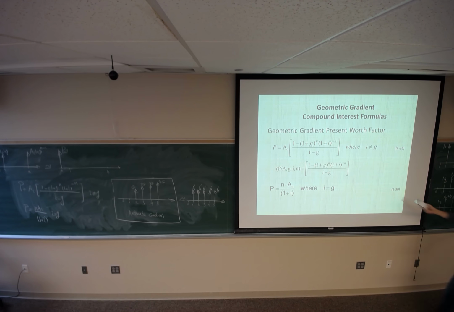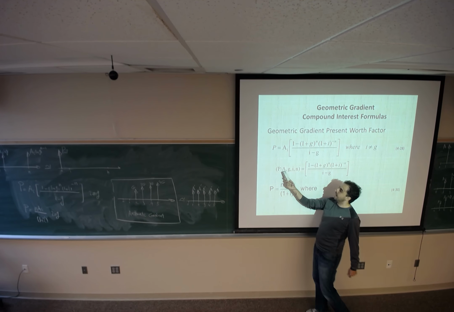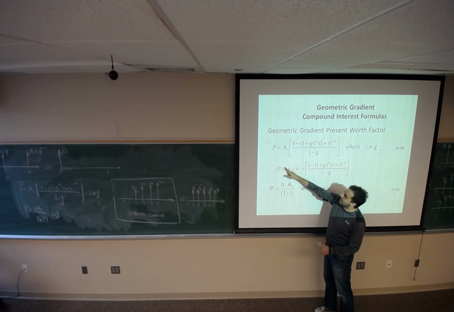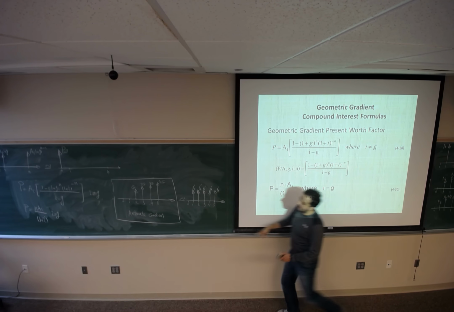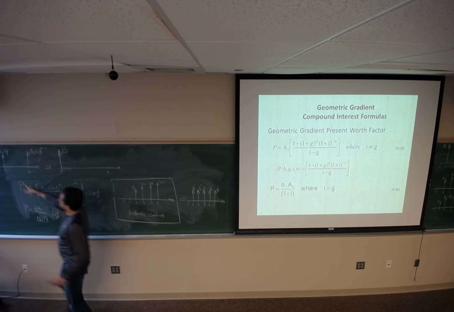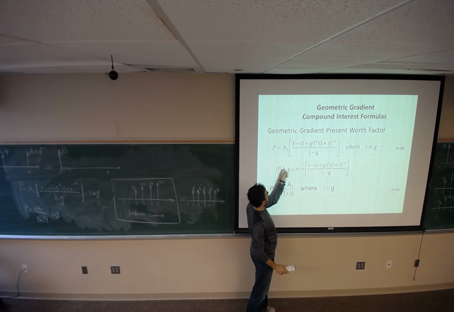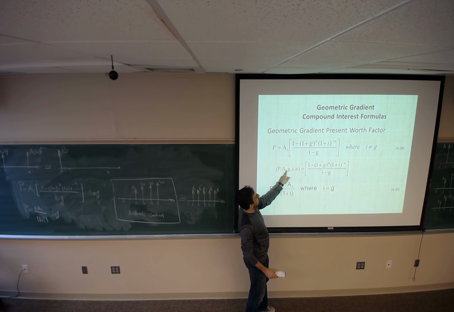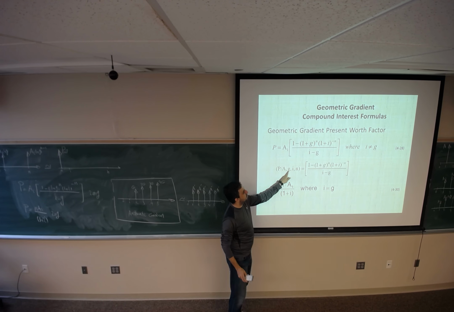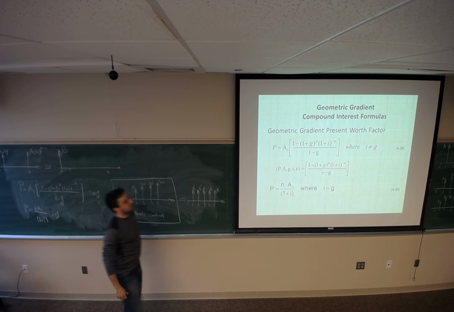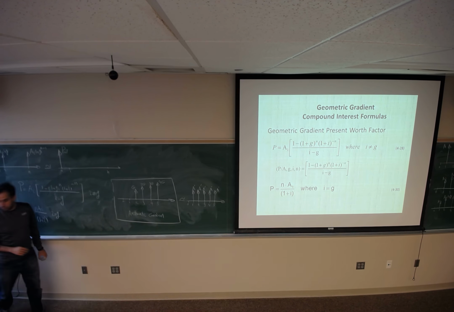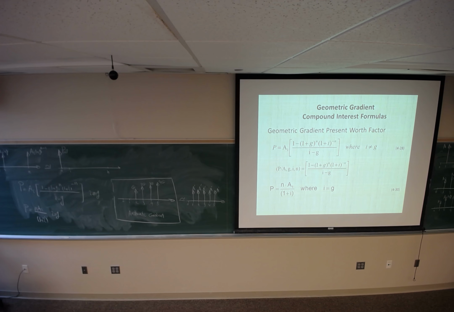We call this P over A for a given A. Find P if this A is growing at the G rate, at the interest rate of I, over the n periods of time. This is how you can read this mathematical expression.